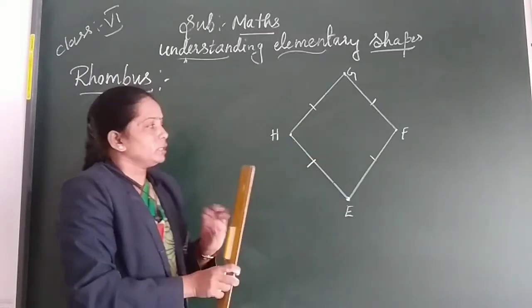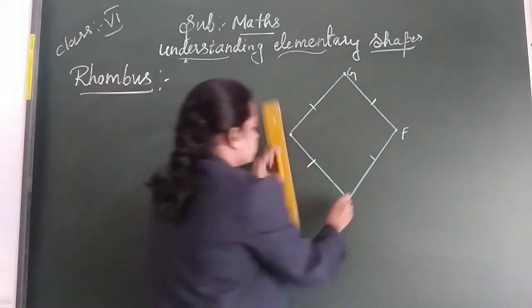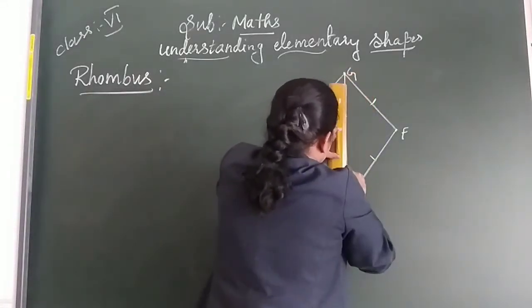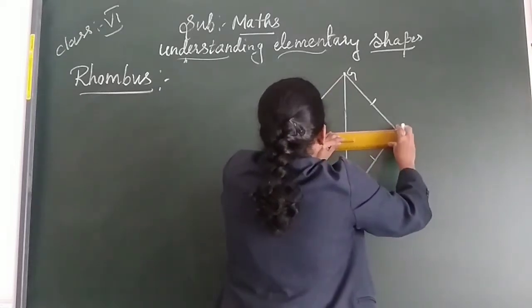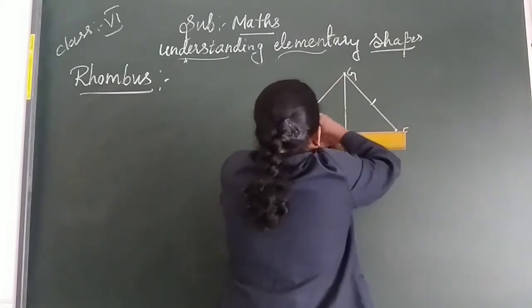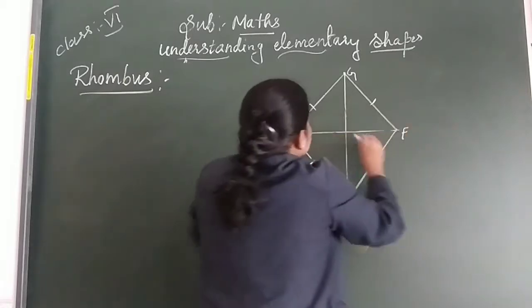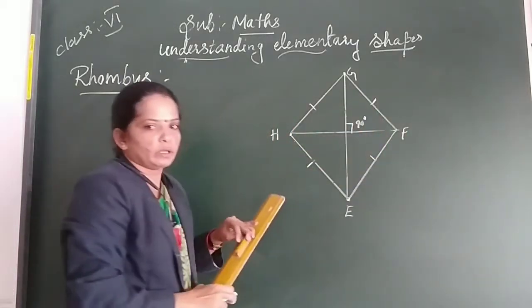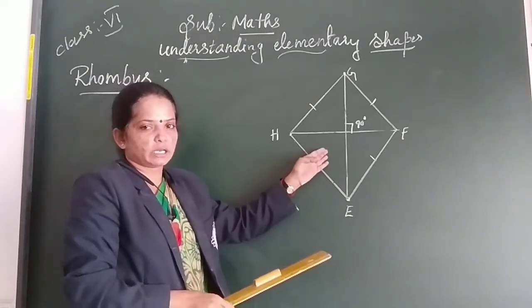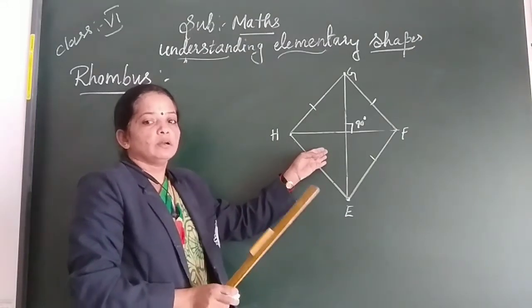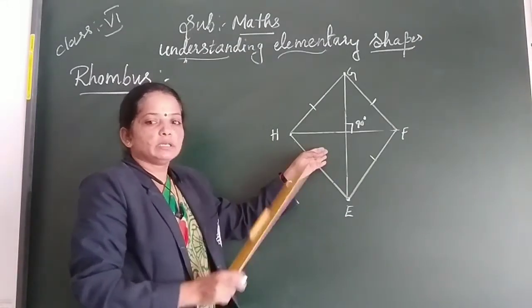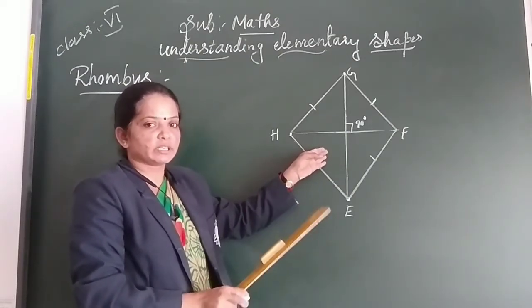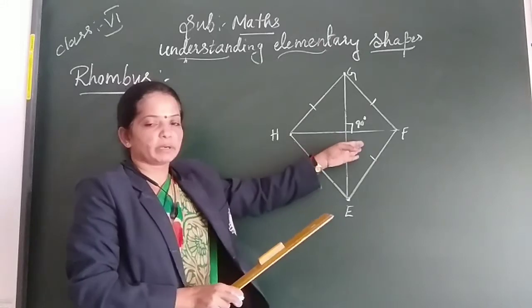So in this case, the rhombus diagonals bisect at right angles, so perpendicular to each other. So here this is 90 degrees. Perpendicular: in the previous class I said when the angle between two intersecting lines is 90 degrees, then they are perpendicular to each other.